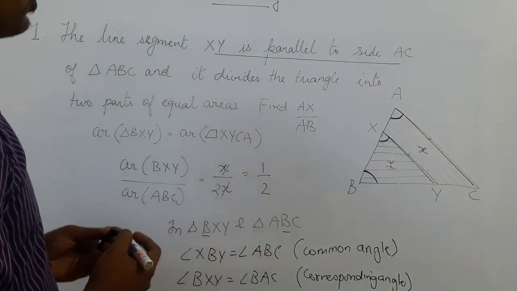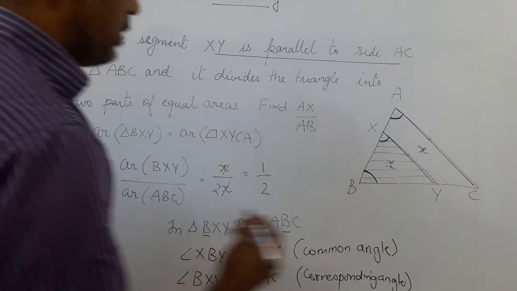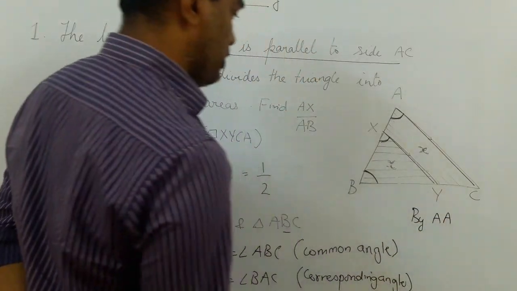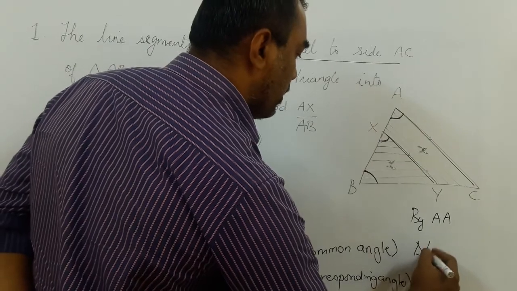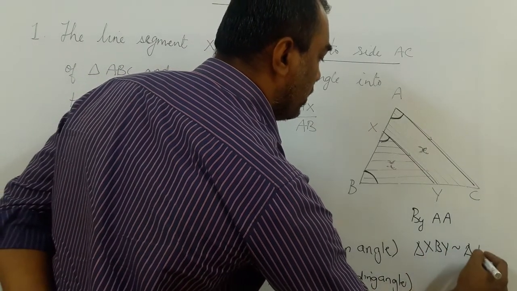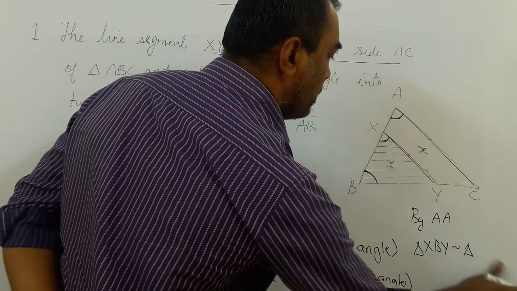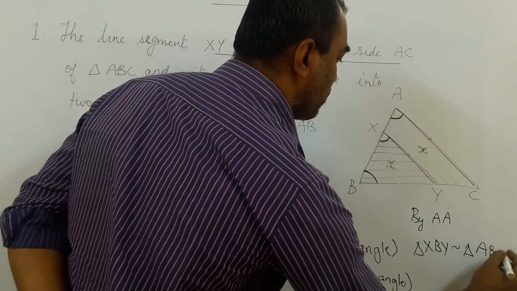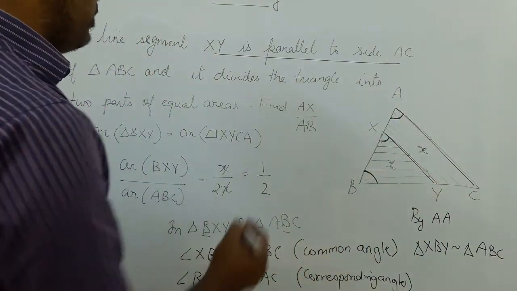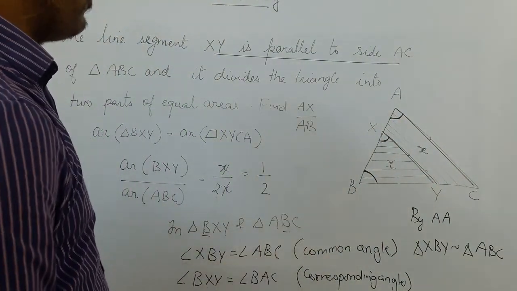So because of these corresponding angles, what do I get? By the AA criterion, triangle XBY is similar to triangle ABC. So what do I have now because of that?